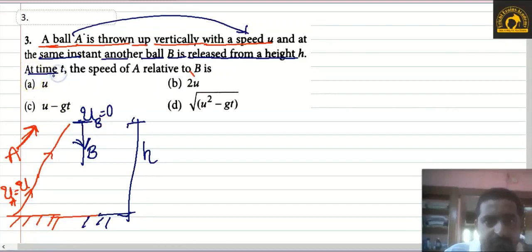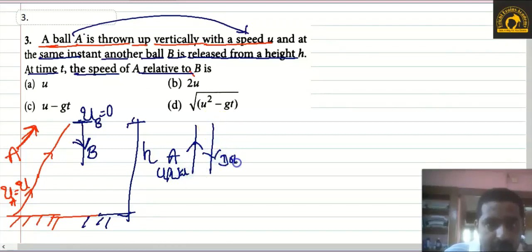At the time B is released, find the speed of A relative to B. Body A is moving upward and body B is moving downward.